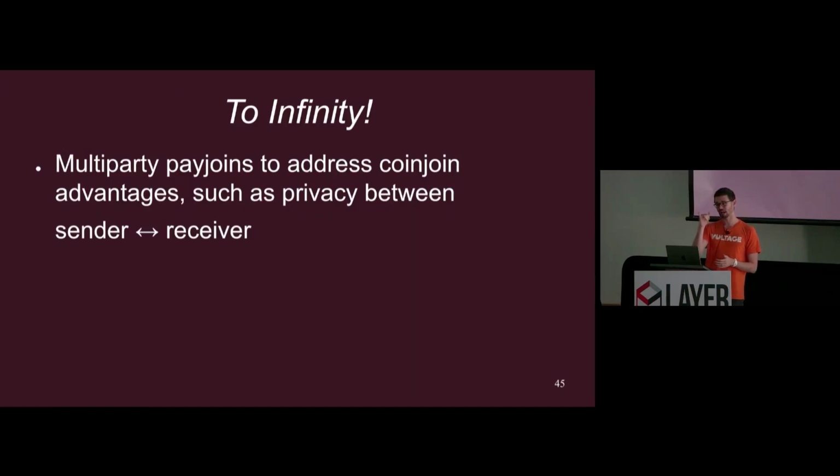But also, if I'm doing a Payjoin with a receiver, that receiver knows which of the outputs are mine because they're simply not his, right? So with multi-party Payjoins, we can solve this problem and have a lot of the benefits of both Coinjoins and Payjoins, and try to remove the negatives of either.